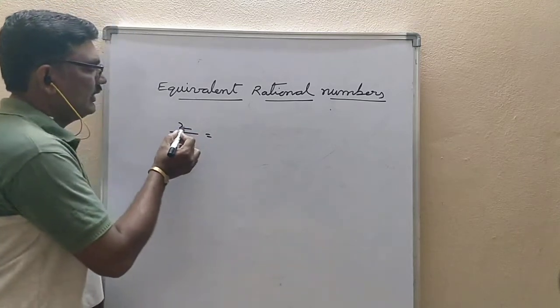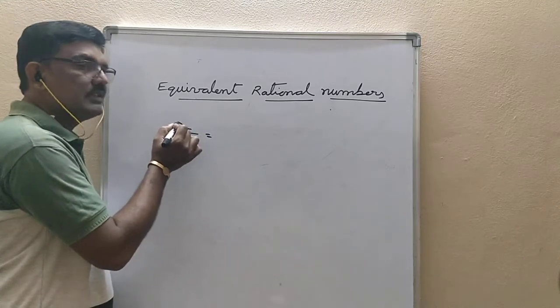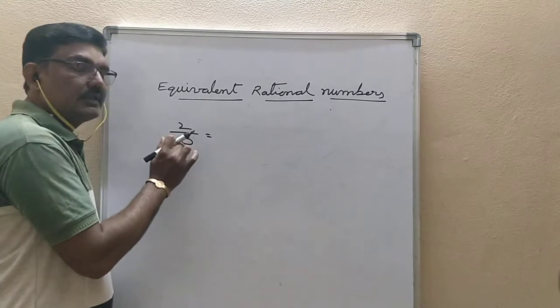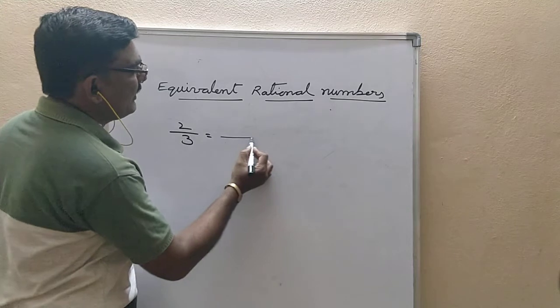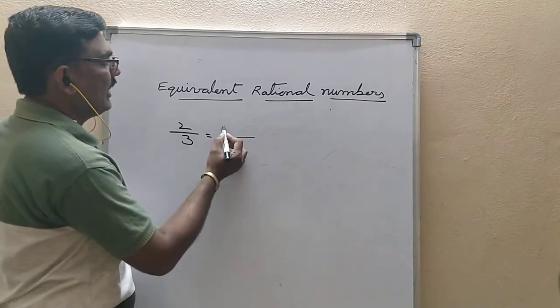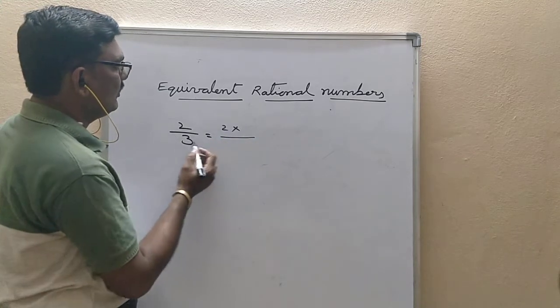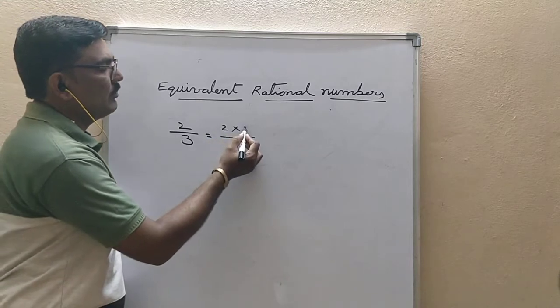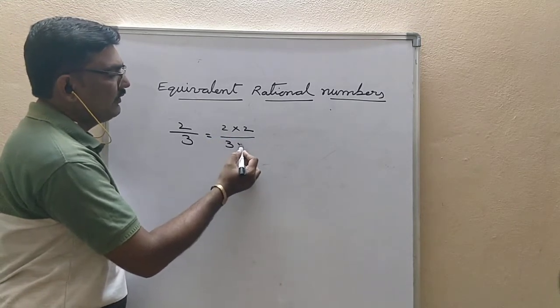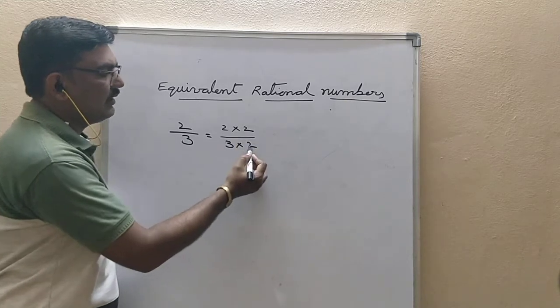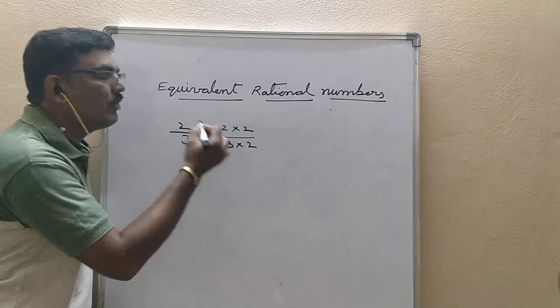In 2 by 3, 2 is in the numerator, 3 is in the denominator. I am keeping the division the same, and I am multiplying the numerator by 2, and with the same 2 I am multiplying the denominator also.